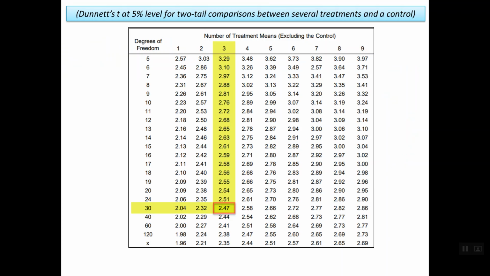This is the Dunnett's test table at the 5% level of significance for two-tail comparison. Why do we select the two-tail comparison?